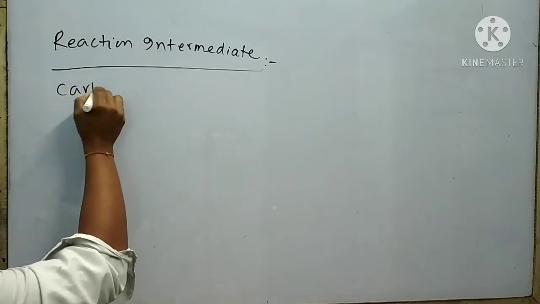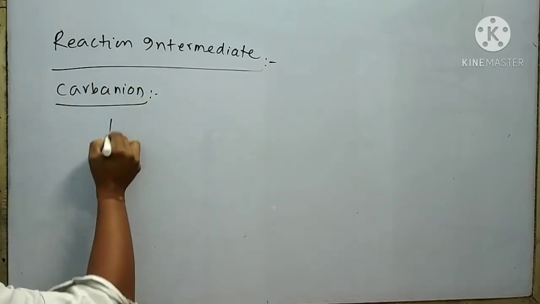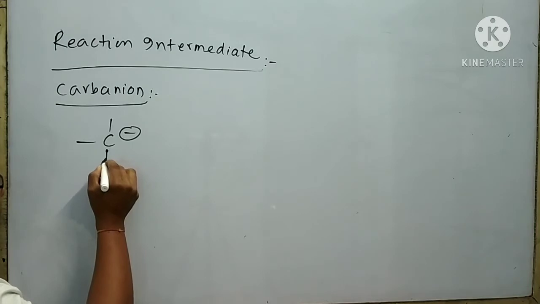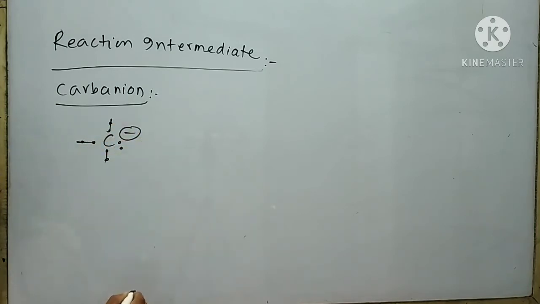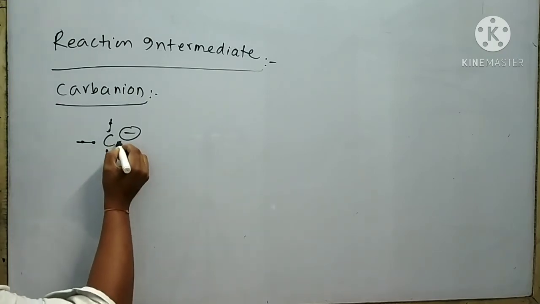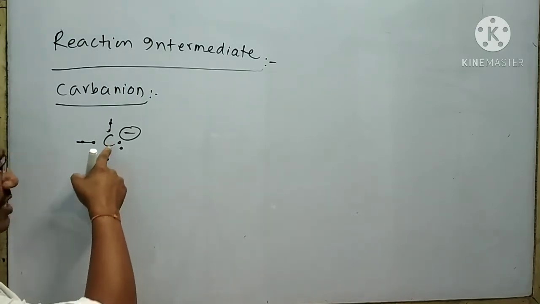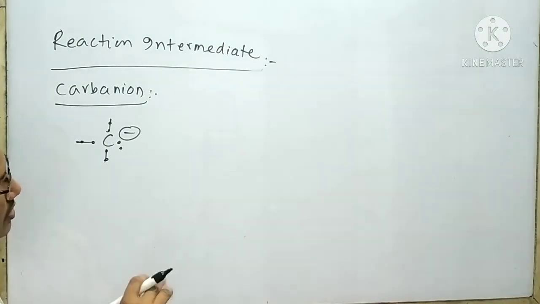Next I will discuss the carbanion. This is the representation of a carbanion. Here 8 electrons are present like this. There are 4 electrons present in the valence shell of the carbon atom. Since a negative charge is present over the carbon, this carbon accepts an extra electron from other species.